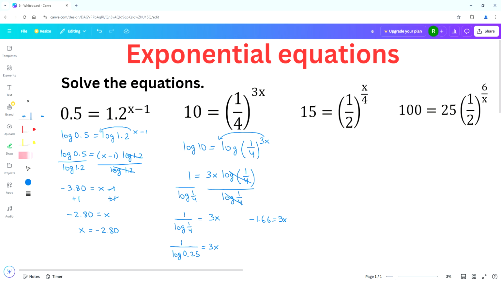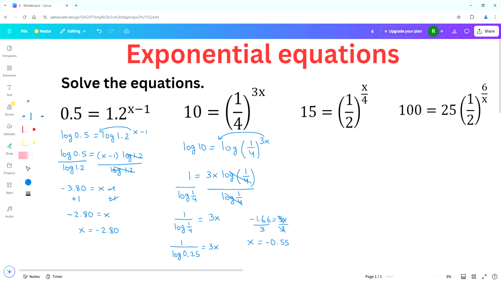Next, we can isolate x by dividing both sides by 3. I get x equals negative 0.55. This should be the final answer for the second equation.